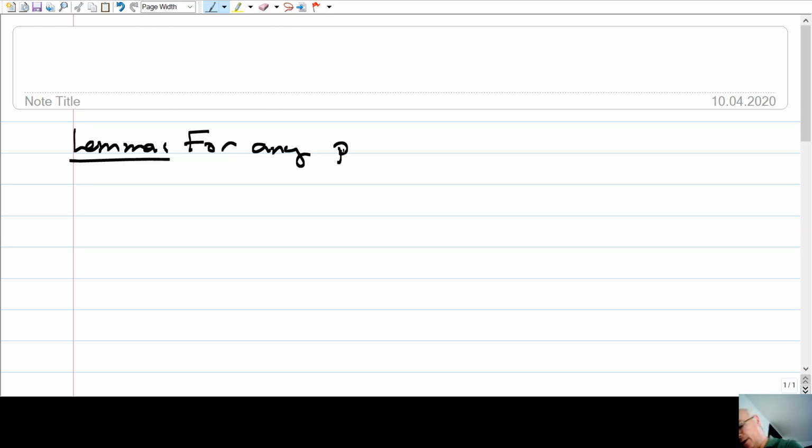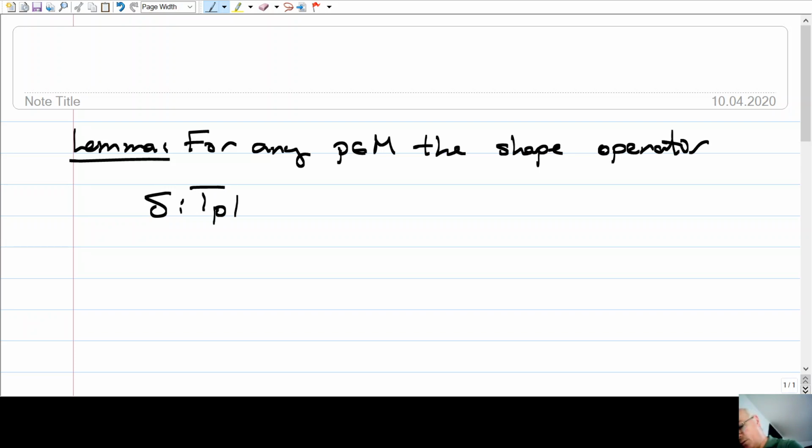For any point P on a surface M, the shape operator S, which is defined from the tangent space to itself, is symmetric.